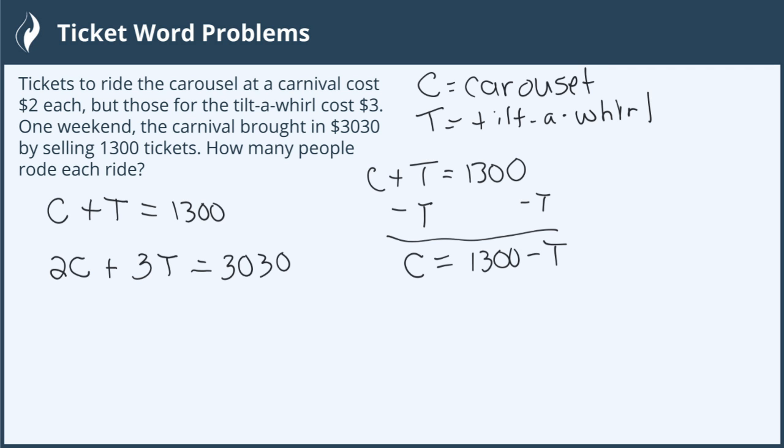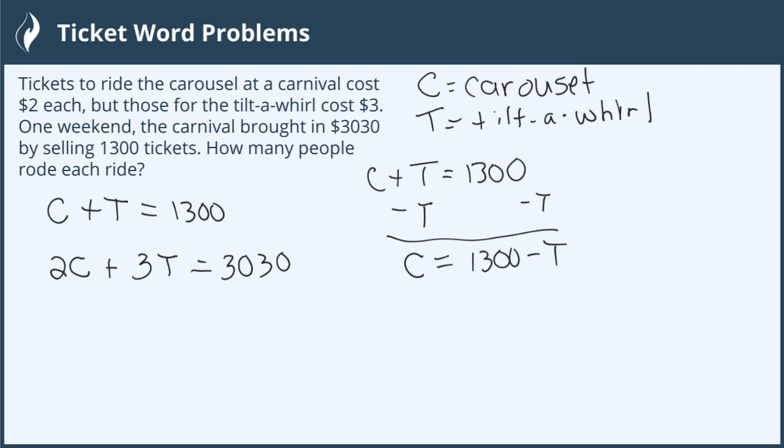Now I'm going to take that equation and substitute it into our money one. Remember to keep the money one with money and the other one that's not money with itself. The 2 and the 3 are both money because it's $2 each and $3 each.